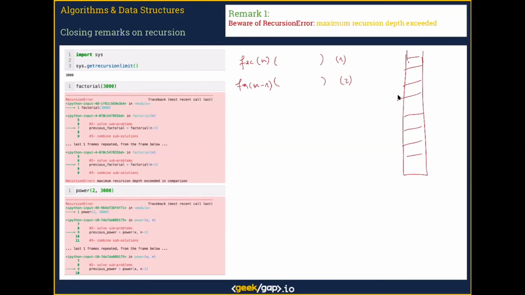And you can see here, for example, in Python, the stack trace limit is 3000. Obviously, you can change this. You can do sys.setrecursionlimit and increase it to, let's say, 1 million. But that's not ideal. It means that you're going to have a stack of size 1 million, or 10,000 or whatever.